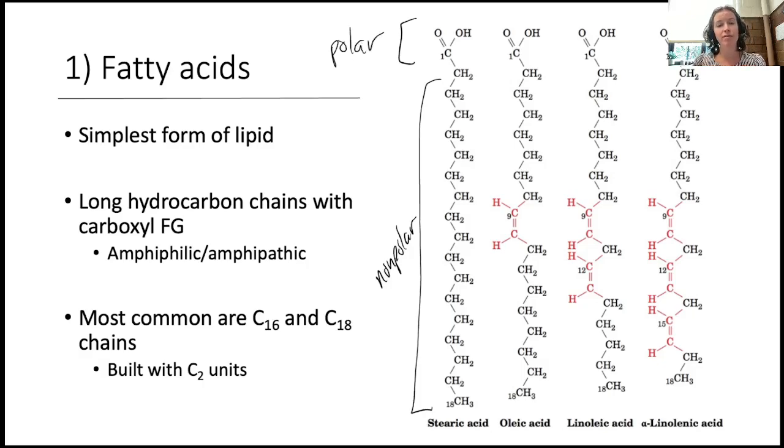So things that are amphiphilic are both polar and nonpolar. The most common lengths of these type of lipids have 18 or 16 carbons, and it's, at least in humans, usually an even number because we build our lipids 2 carbons at a time.